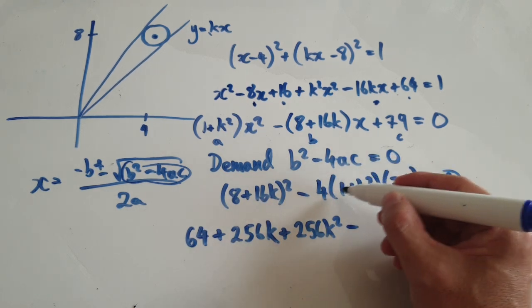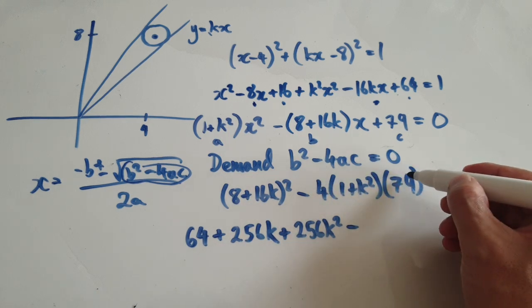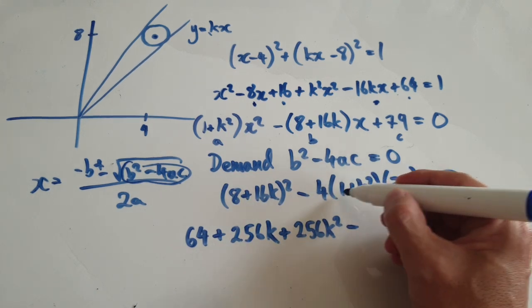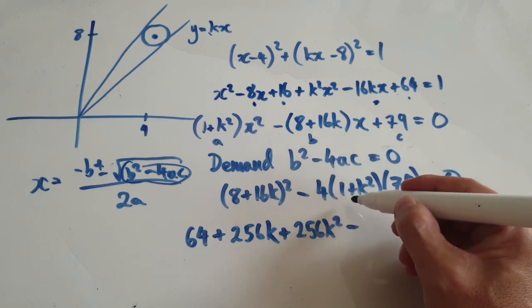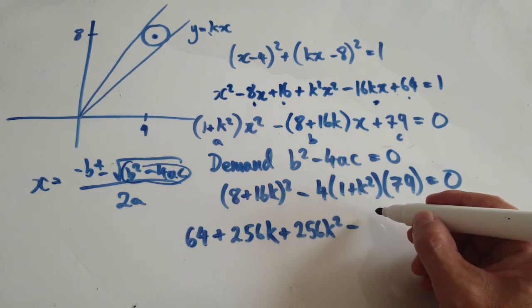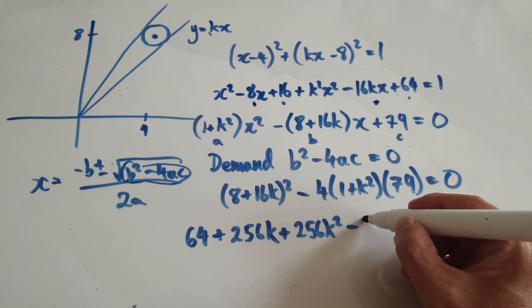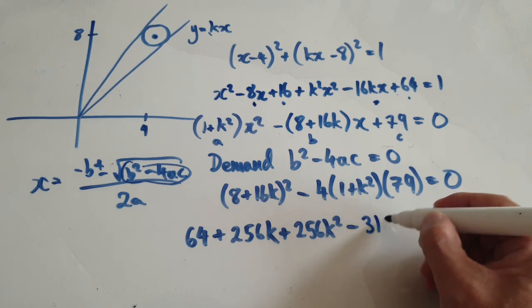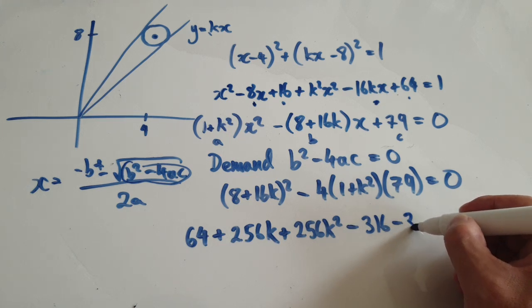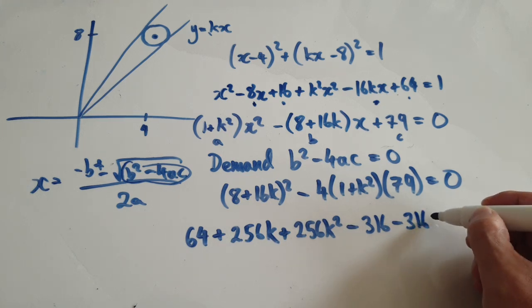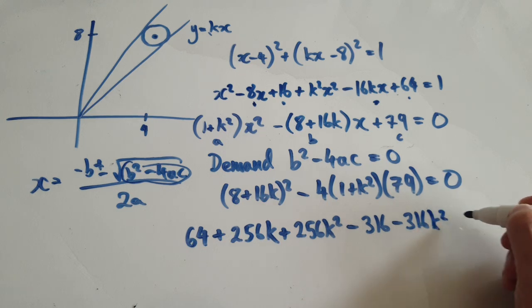Then multiply the 4 with the 79 and then times 1. If you multiply this out, it should give you minus 316, minus 316k squared, equals 0.